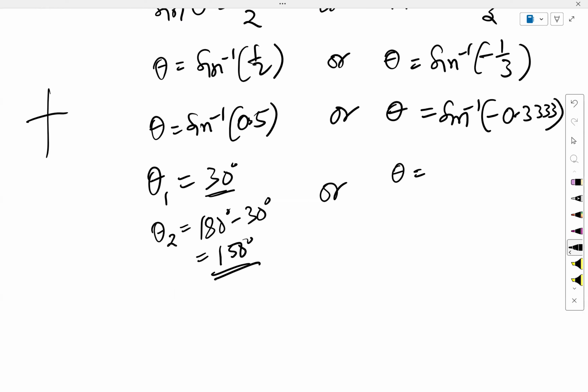So this is going to give you angles in the third and fourth quadrants.